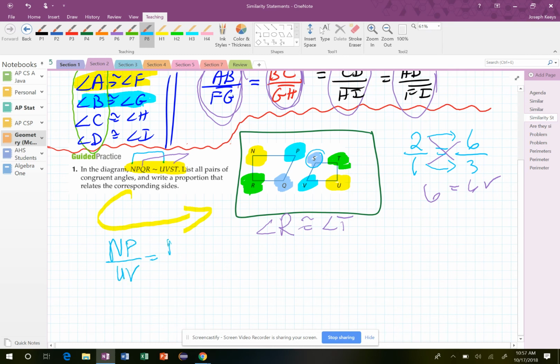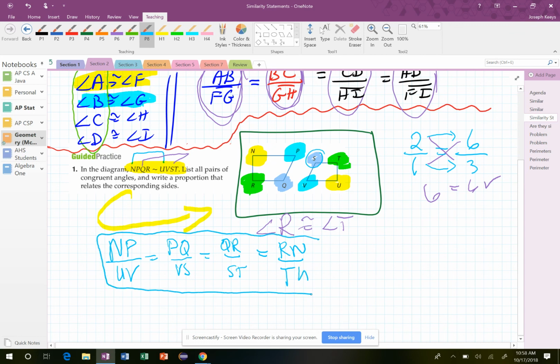That's going to be equal to PQ all over VS, which is congruent to QR all over ST, and that's congruent to RN all over TV. So here are the four ratios that are always going to be congruent to each other if we know the polygons are similar. This is what we call sides being proportional.